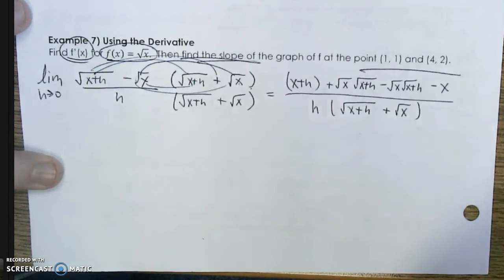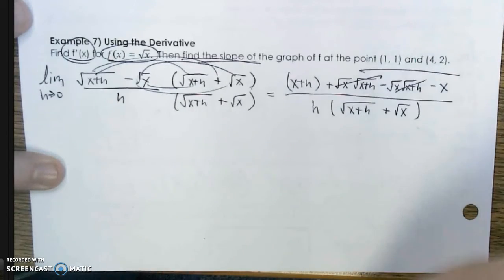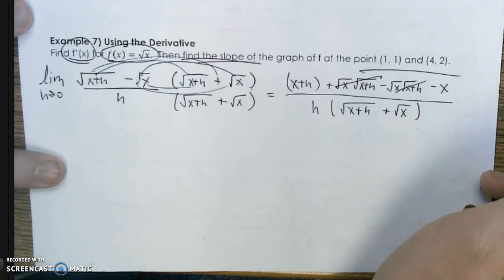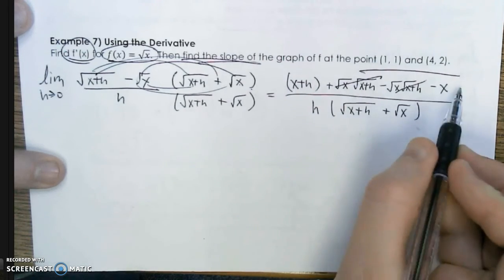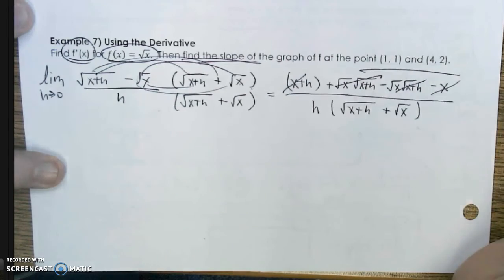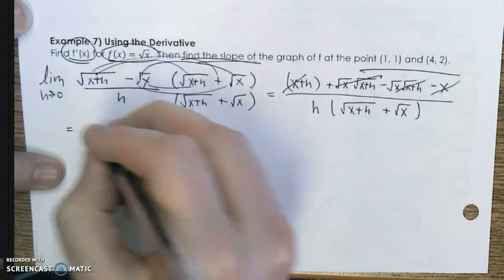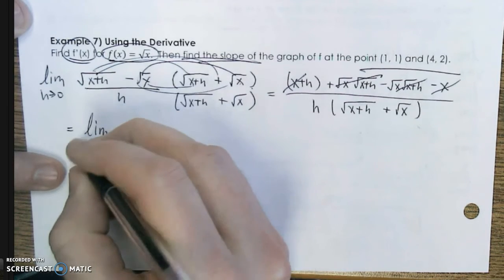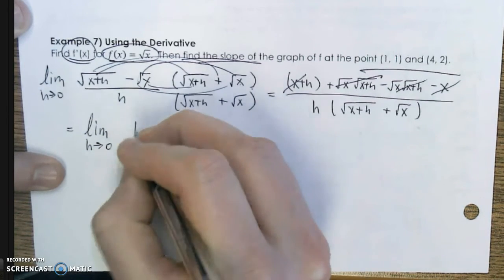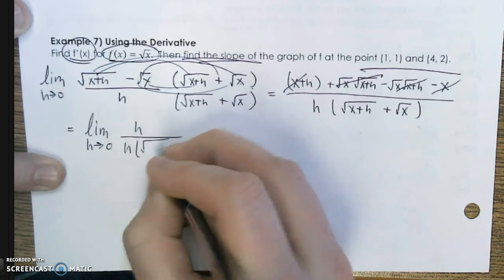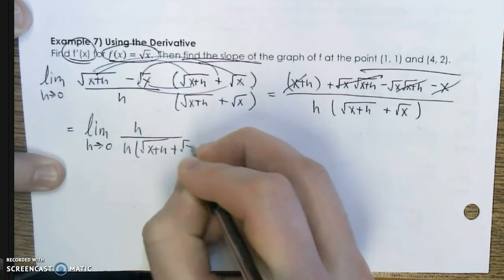Then we're going to collect like terms. Our middle terms always cancel when we do the conjugate. And so we're left with x plus h minus x. So also these x's are going to cancel. And all I have then left is the h on top. So I've got h over h radical x plus rad x.